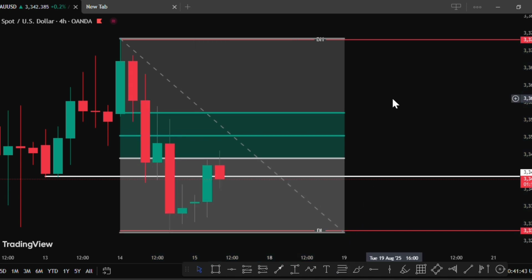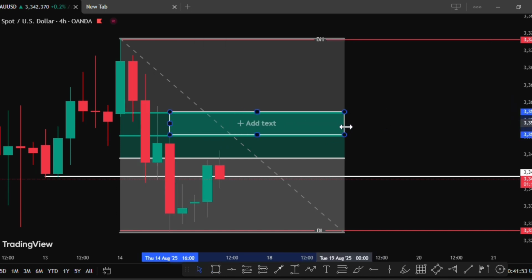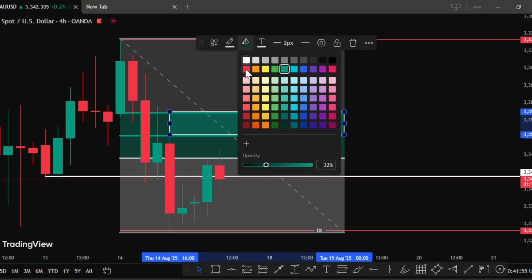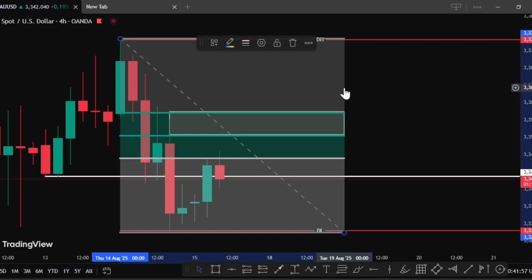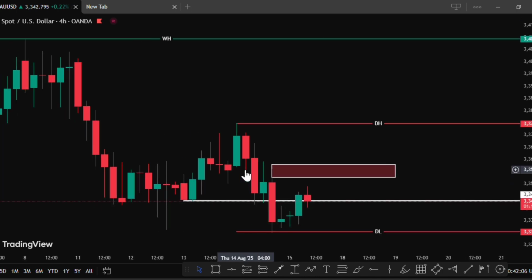Price always retraces to this level, which means you have not yet found confirmation to sell around here. No confirmation yet. So I will continue to go to lower time frames like 1 hour.